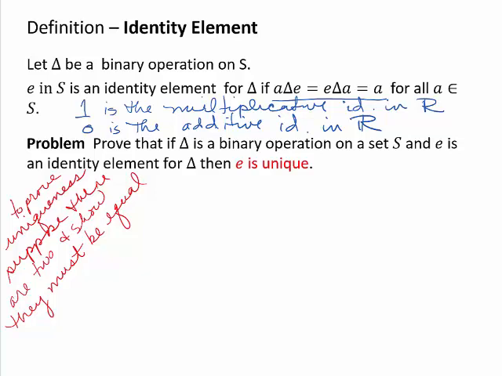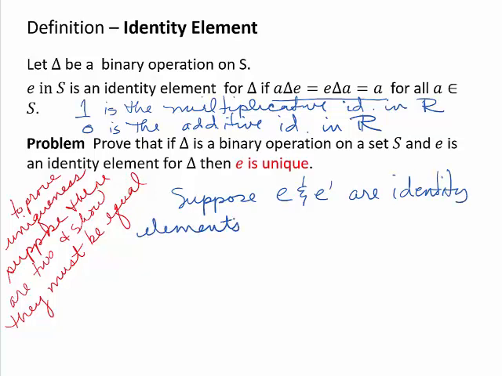So in this example, we will do just that. We have a set S with a binary operation, and we will suppose E and E prime are identity elements in S for delta. Well, what does that mean? Now remember, you're going to look at what I write down right now and you're going to think, well, how did she think of that?